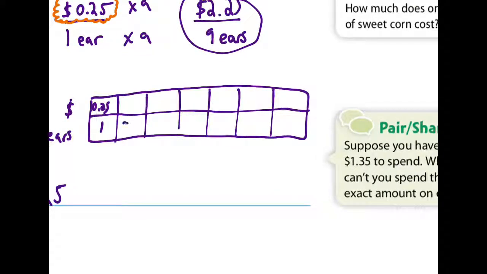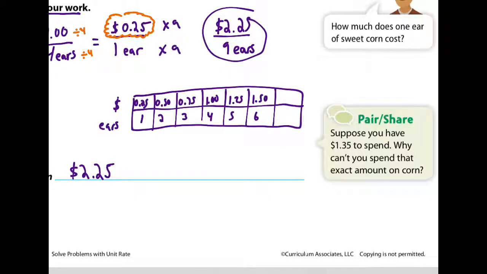So imagine 2 ears would be 50 cents. 3 ears would be 75 cents. 4 ears would be $1. 5 ears would be $1.25. 6 ears would be $1.50. You will never hit $1.35 because if 1 ear of corn costs 25 cents, 25 cents doesn't go into $1.35.